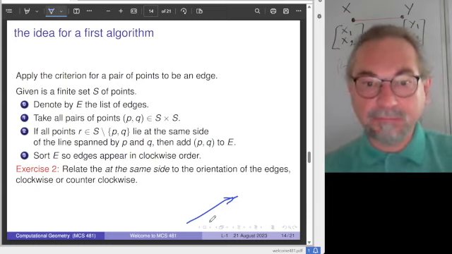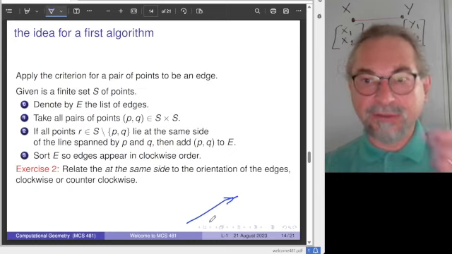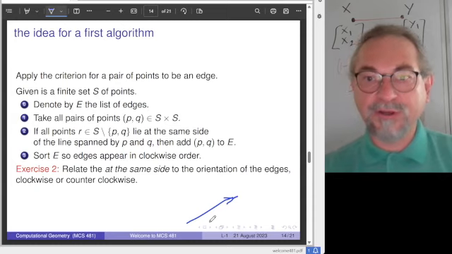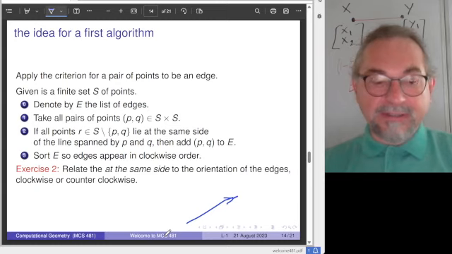What is the meaning of same side, at the left or the right, and how does that relate to how you orient your edges? Which point comes first? So if you draw your edges like this, or if you draw them the other way. All right, so that is the idea.